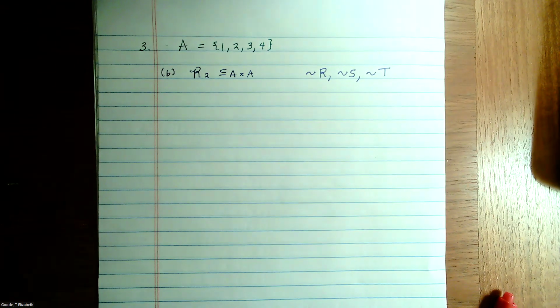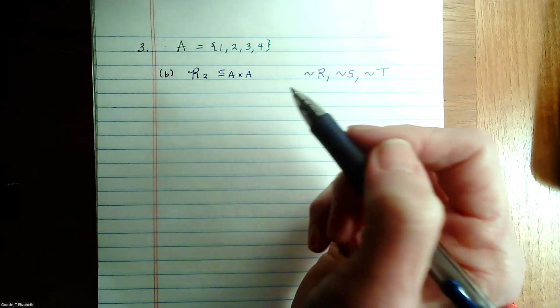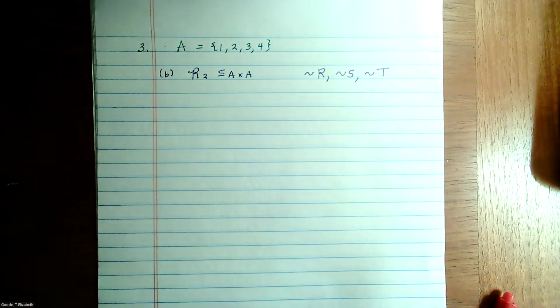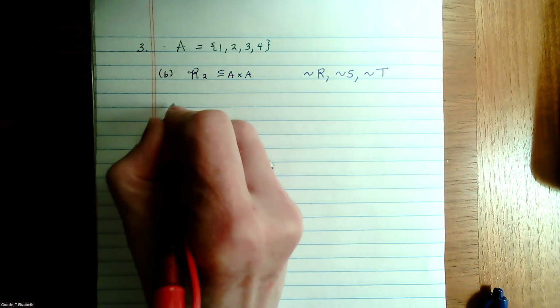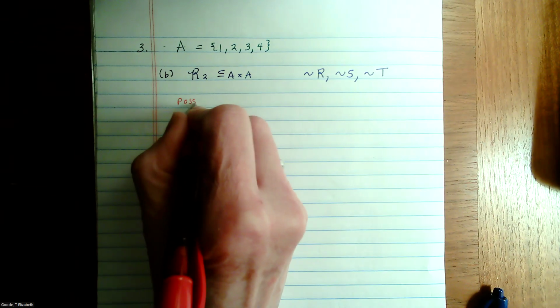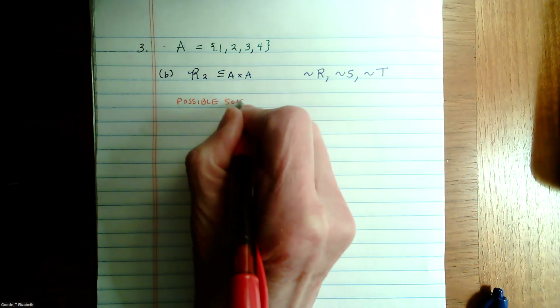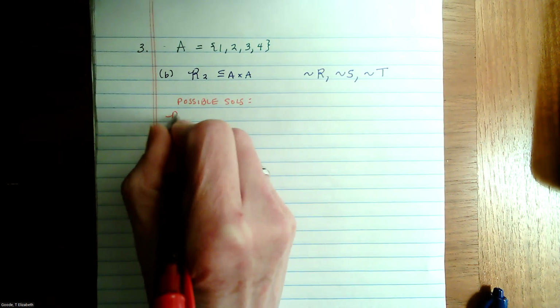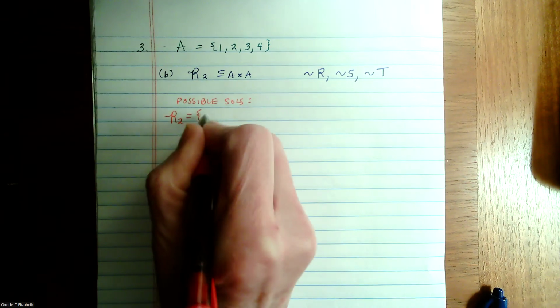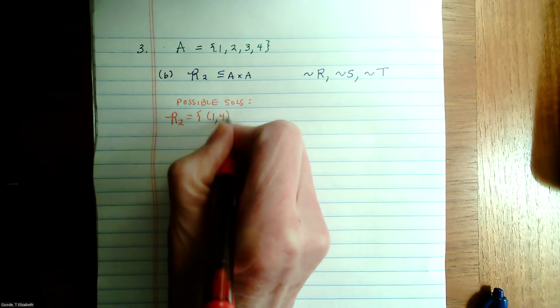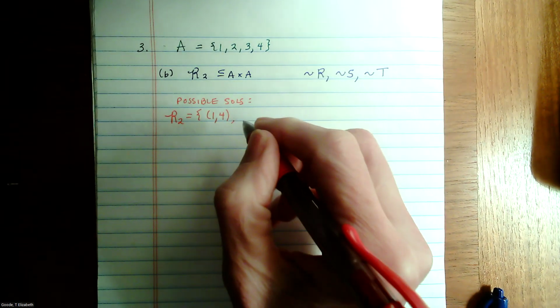Right? Yep. So for my set, I put 1, 4, 2, 3, and 4, 2. So you put 1, 4, 2, 3, and 4, 2.